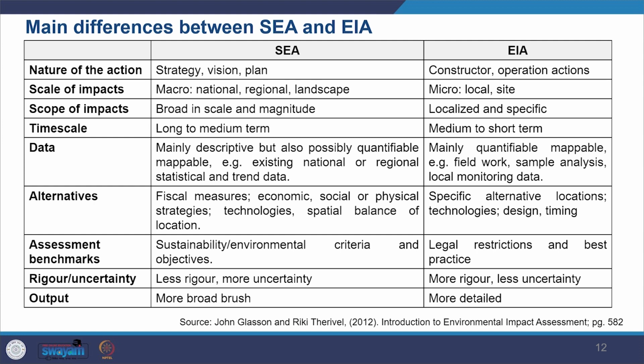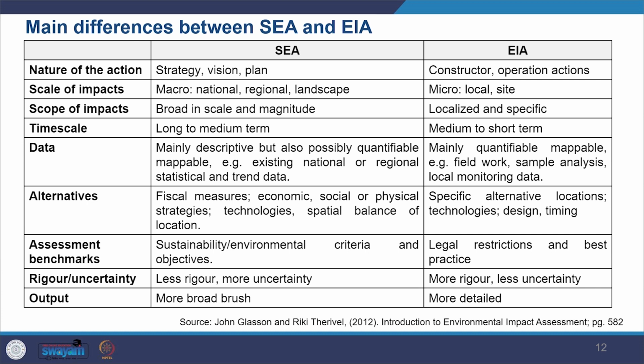Whereas in EIA, it would be mainly quantifiable. So in SEA it's mostly descriptive, but in EIA it will be quantifiable and mappable as well. And it would involve a lot of field work, sample analysis. You might be collecting a lot of data, local monitoring and data.